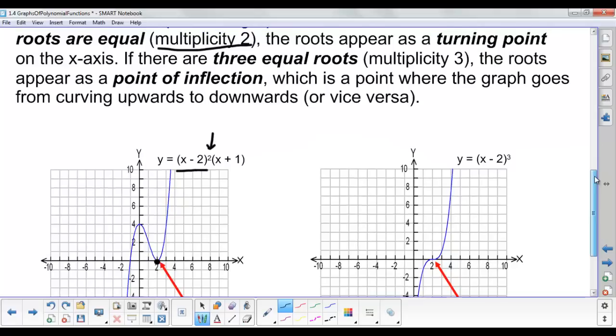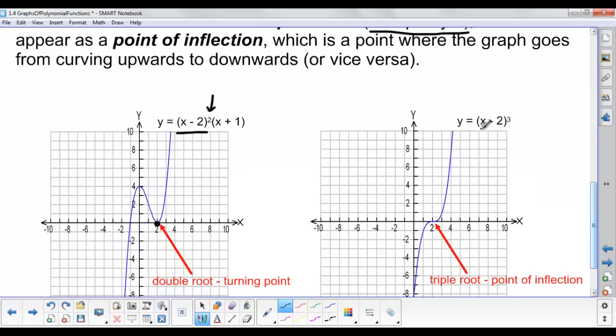If a root has multiplicity 3, or 3 equal roots, then we have something called a point of inflection. In this particular graph on the right, at the root x equals 2, I know we are going to have a point of inflection, and that's given by this exponent here.